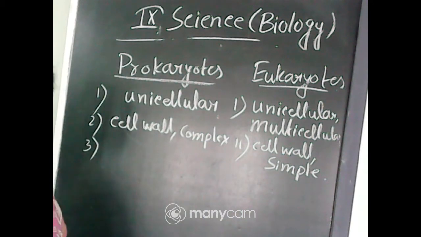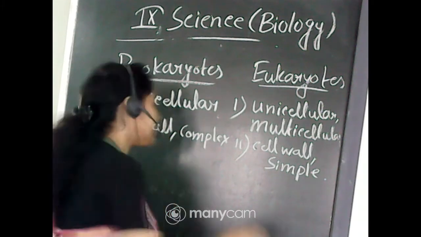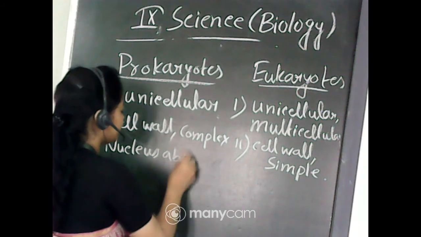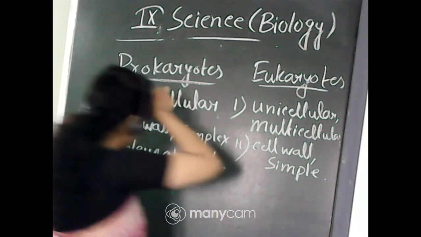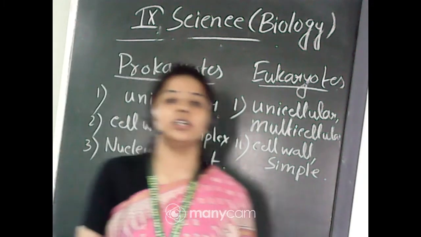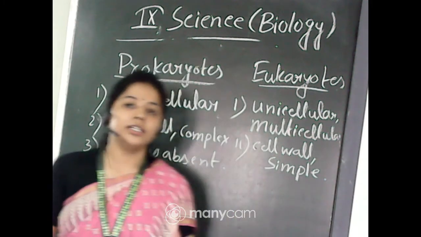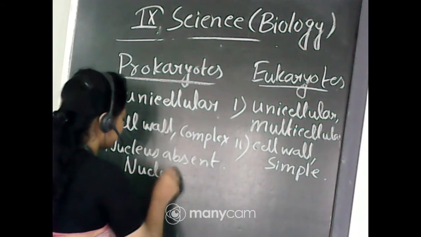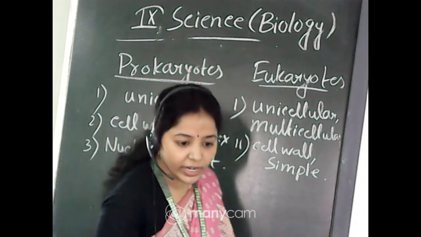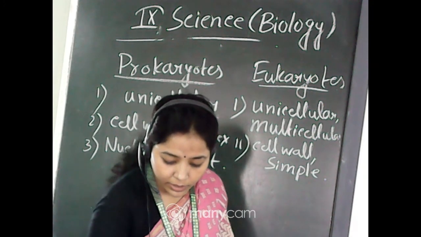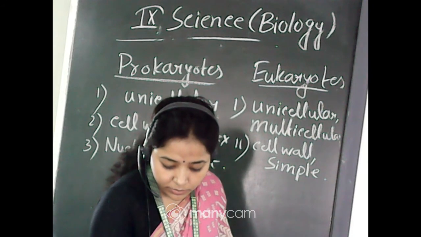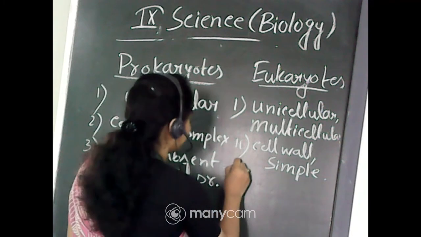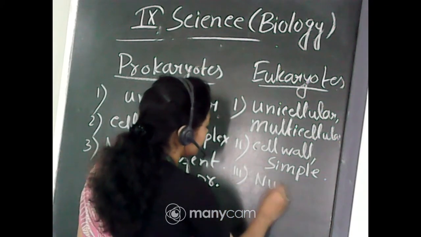Third point: nucleus is absent in prokaryotes, as there is no defined nuclear membrane, and the nucleoid is present. In case of eukaryotes, the nucleus is present.